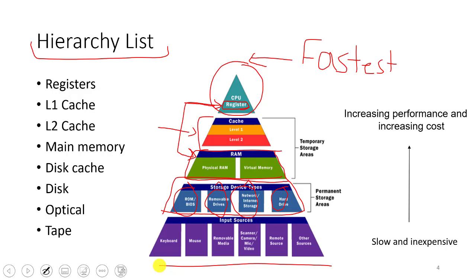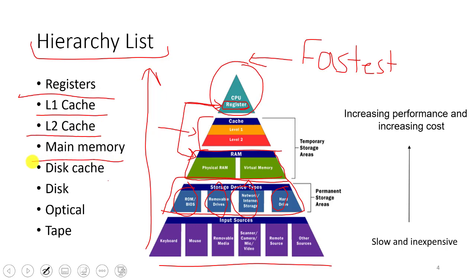All of these are considered the slowest in terms of speed for the CPU. So registers, L1 cache meaning level 1 cache, level 2 cache, main memory, which is the RAM, then disk cache, optical, and tape, and so on. So this hierarchy depends, once more, on speed.